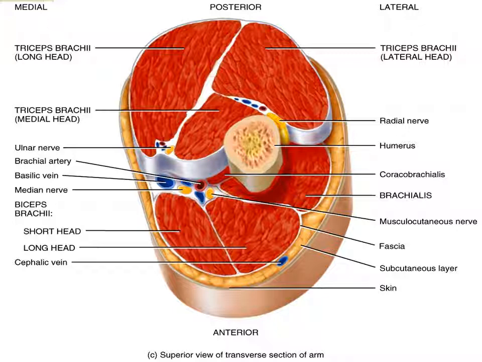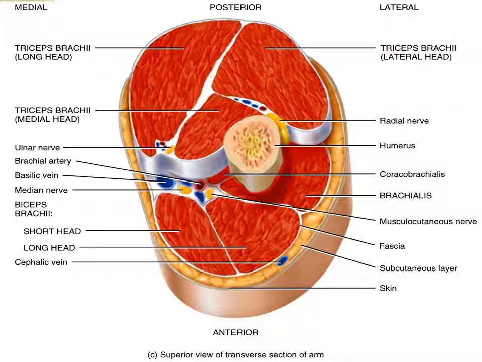The ulnar nerve passes down the medial aspect of the upper arm, whereas the radial nerve travels down in the lateral aspect of the upper arm. The ulnar nerve also travels at a greater distance from the humerus than does the radial nerve.